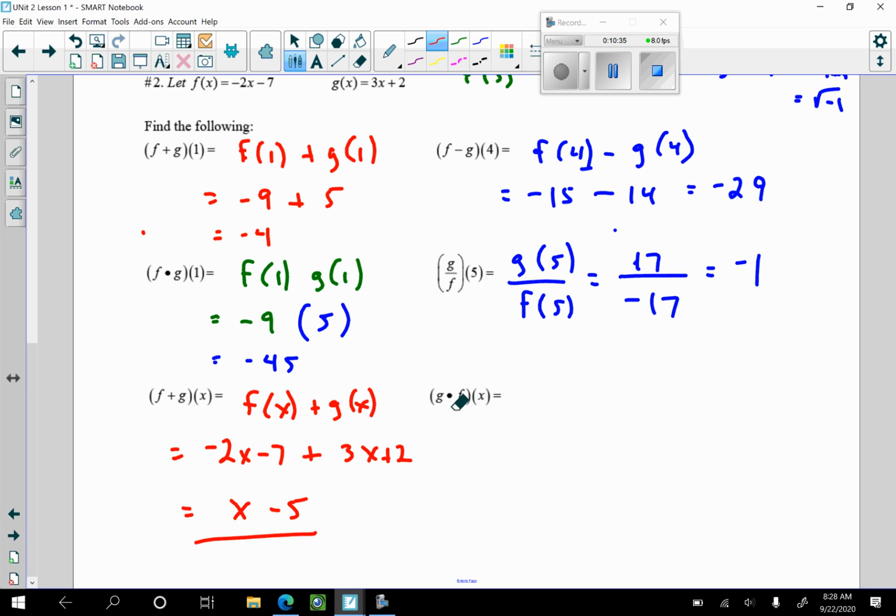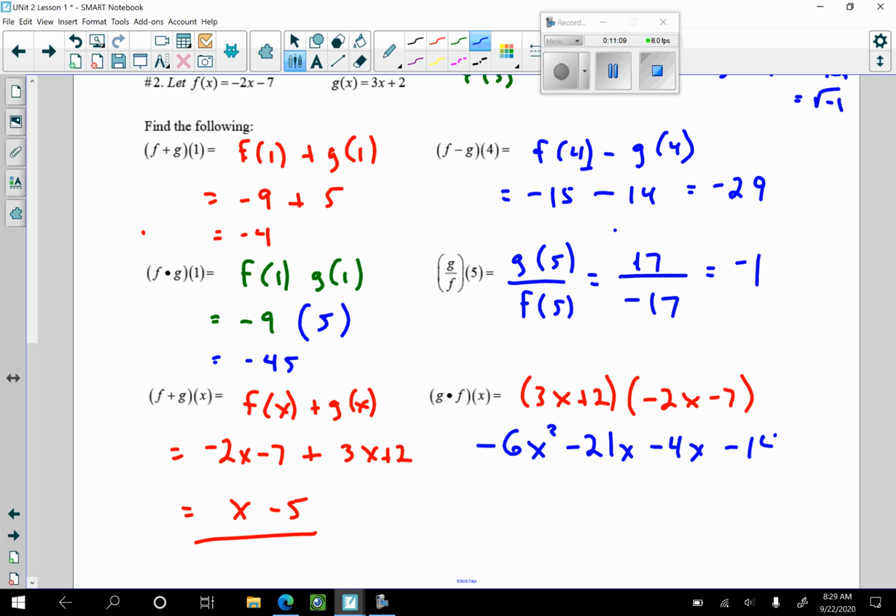G times f of x. A lot of people get slipped up on this example. This is going to be 3x plus 2 times f of x, which is negative 2x minus 7. And we're going to simply use the FOIL method or distributive property, whatever you prefer. This is going to be negative 6x squared minus 21x minus 4x minus 14.